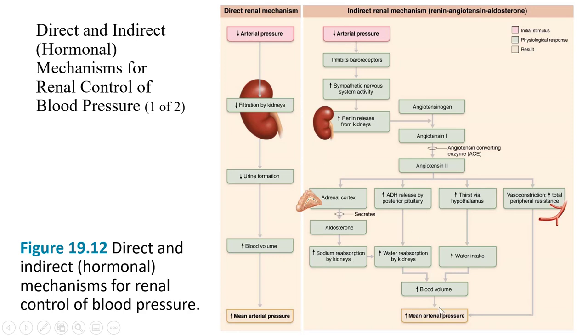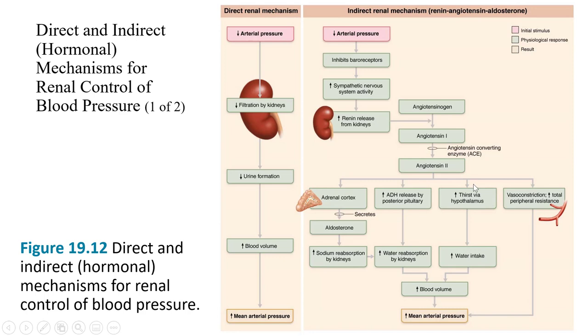Remember, the beginning is decreased blood pressure, right? So we want to draw all of the important events that make you increase your blood pressure back up. So let's go back to angiotensin 2. Angiotensin 2 can also promote the release of antidiuretic hormone by the posterior pituitary, and the effect of that will be to increase water reabsorption by the kidney.